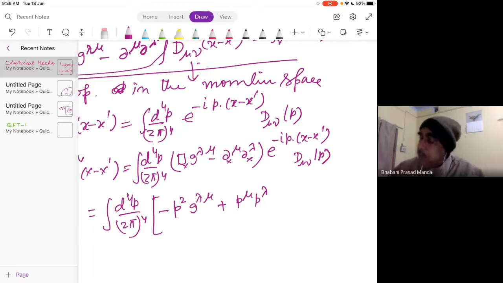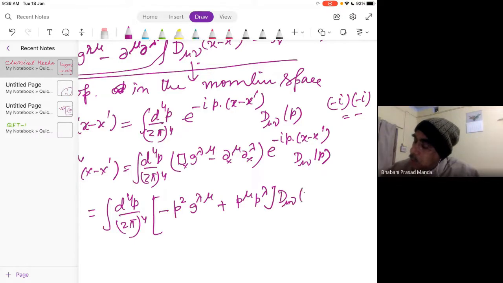That again will be minus, but minus times minus gives plus, because when you differentiate two times, minus i will come two times, minus i into minus i. So this term will be minus and this term will be plus, times D mu nu of p, e to the power minus i p dot x minus x prime.